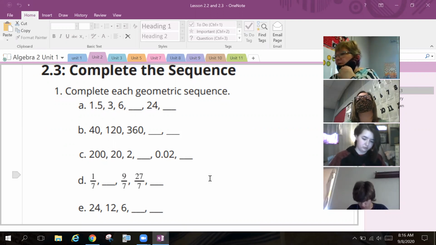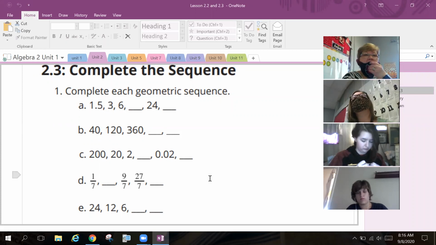Okay, so let's talk about this sequence. Does someone want to share what they got for number 1? 12 and 48.